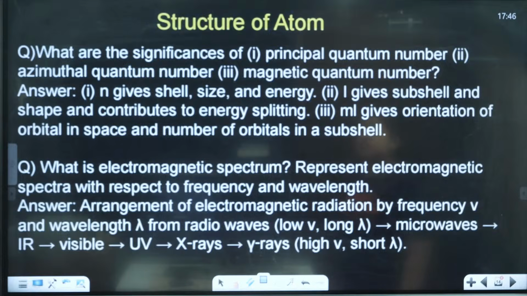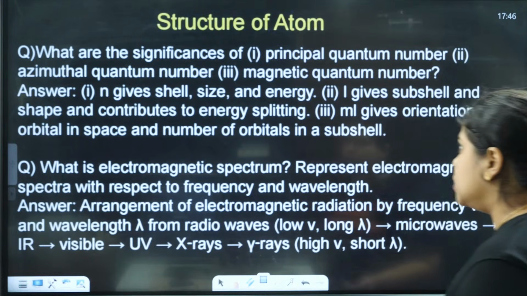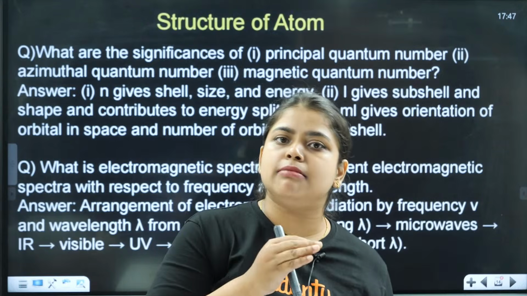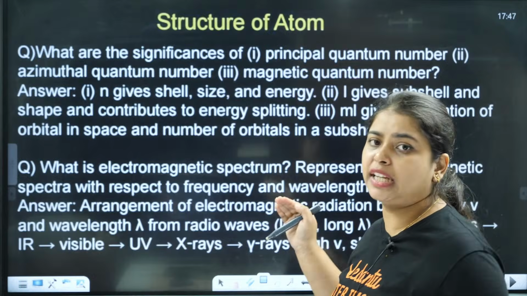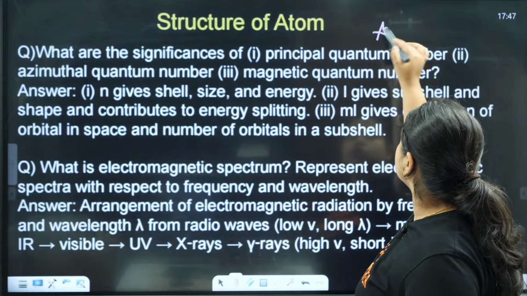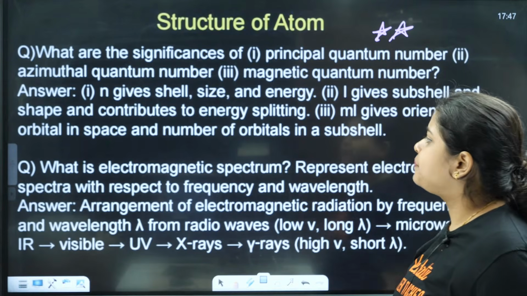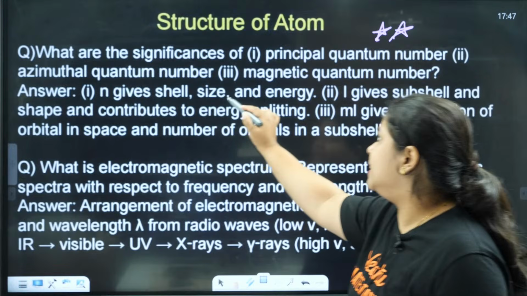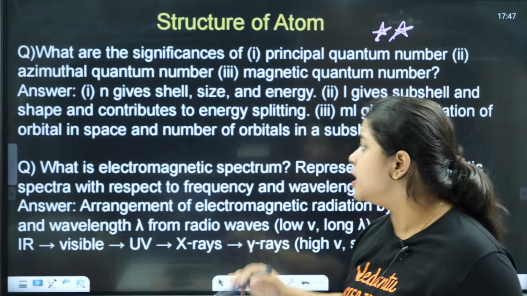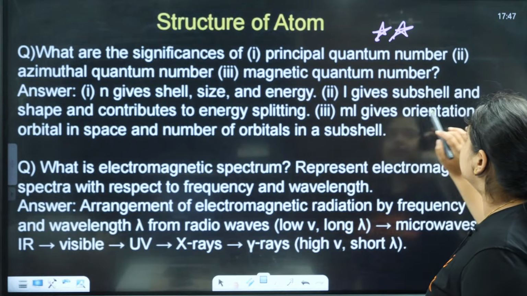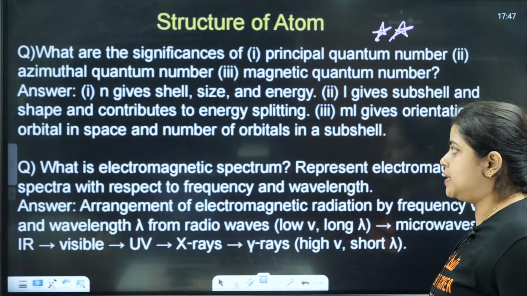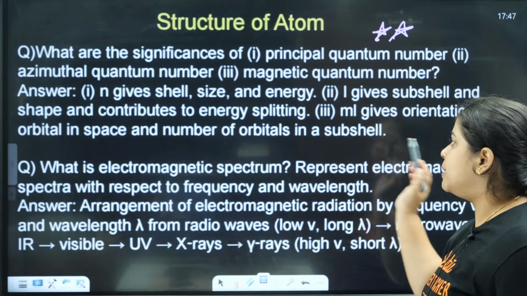Next, what is the significance of principal quantum number, azimuthal quantum number and magnetic quantum number? Concentrate, this is a repeated question. n gives the shell size and energy, l gives the subshell, shape and contributes to energy splitting, ml gives the orientation of an orbital in space and the number of orbitals in a subshell.